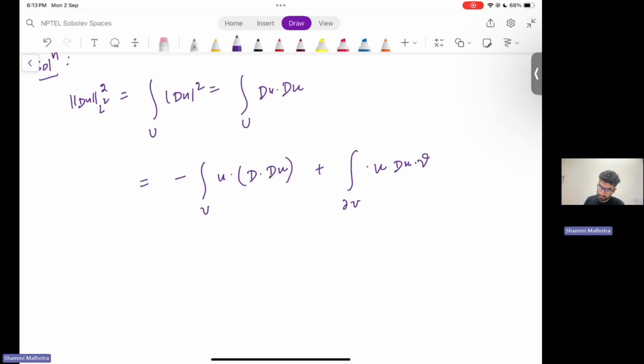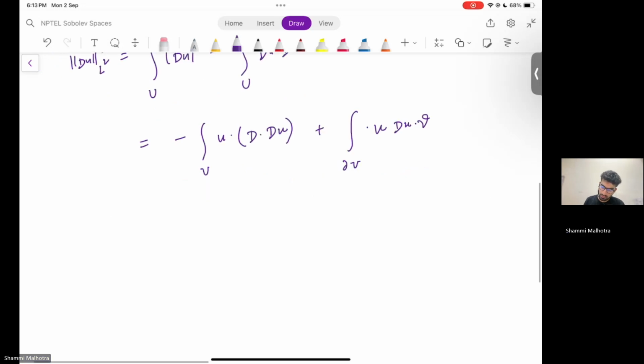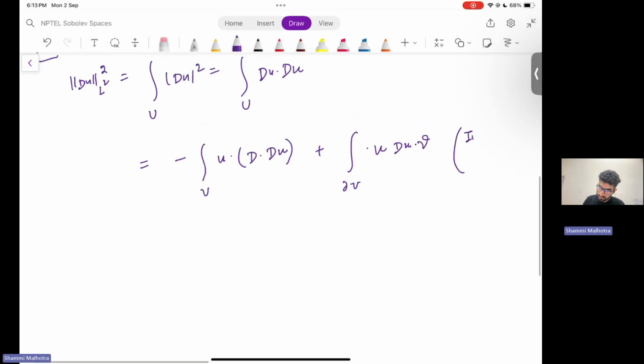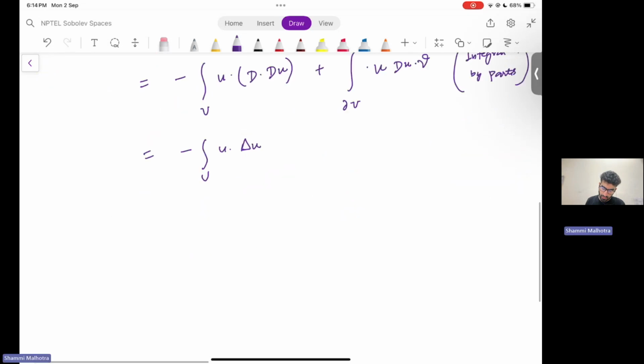But this is zero. So this is nothing but minus u times the Laplacian of u, and the boundary term vanishes because u is zero on the boundary.